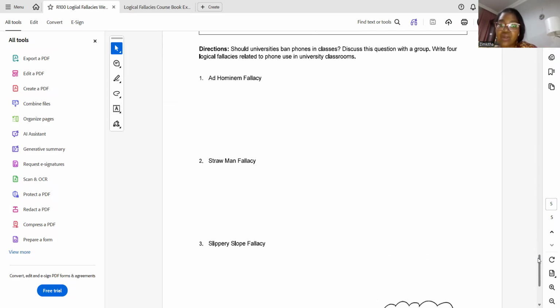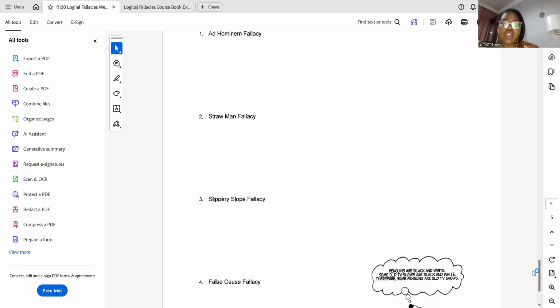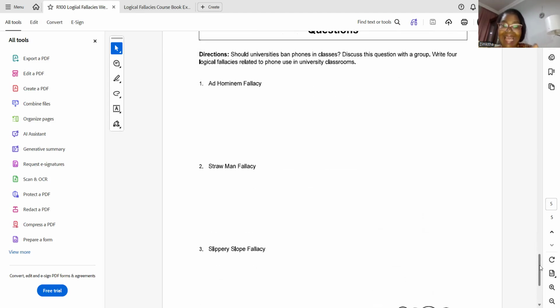So fill this out, so that when we meet up on Tuesday or Thursday and we have the feedback session, you're able to complete this: the ad hominem fallacy, the straw man fallacy, slippery slope fallacy, and false cause. You need to write down an example of that fallacy about should universities ban phones in the classroom. What would be an extreme argument for each?